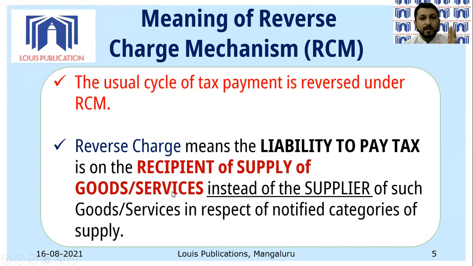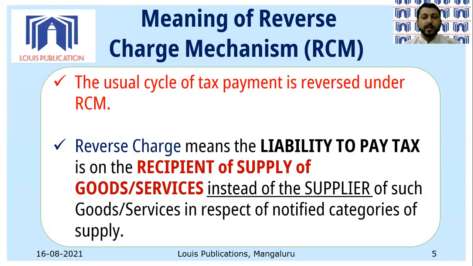In normal circumstances, the supplier should deposit the GST amount with the government. But in case of reverse charge mechanism, it is the responsibility of the recipient of goods or services instead of the supplier. Reason? The supplier is unregistered, so the supplier cannot collect GST.